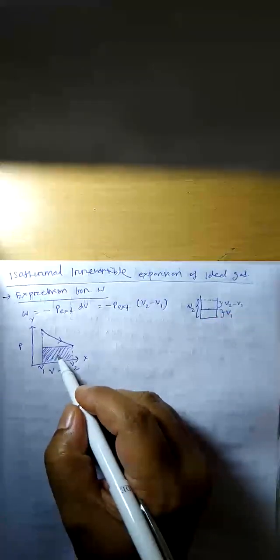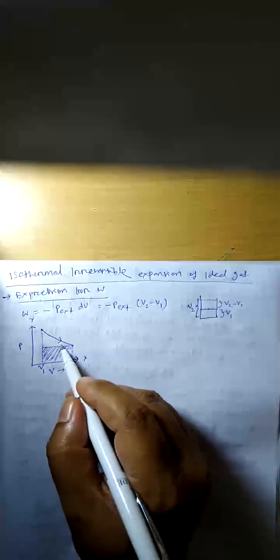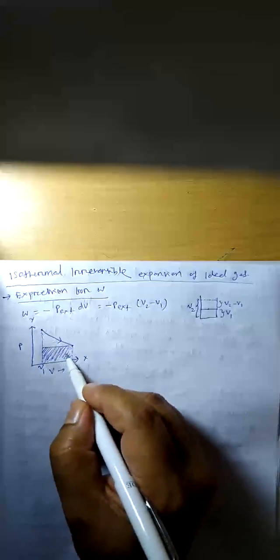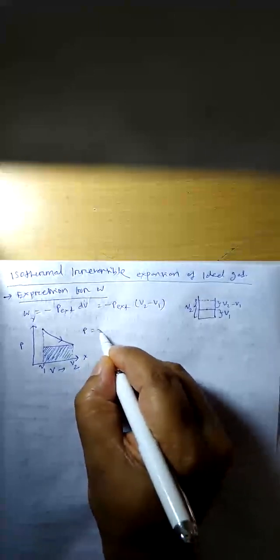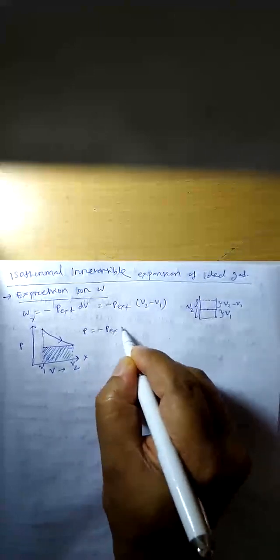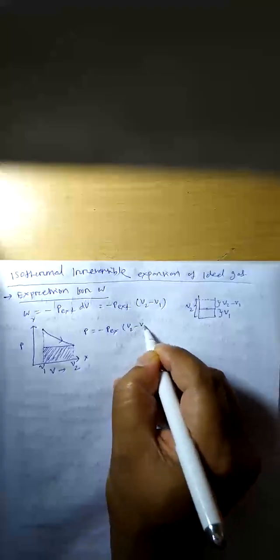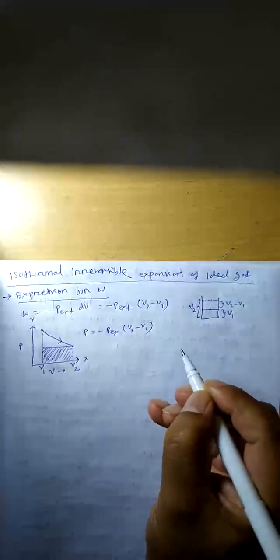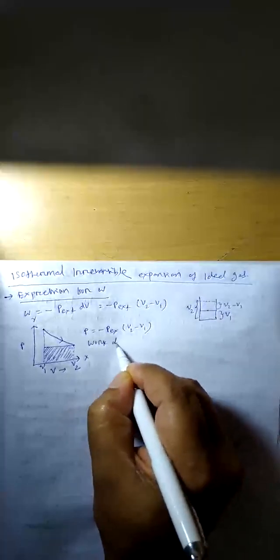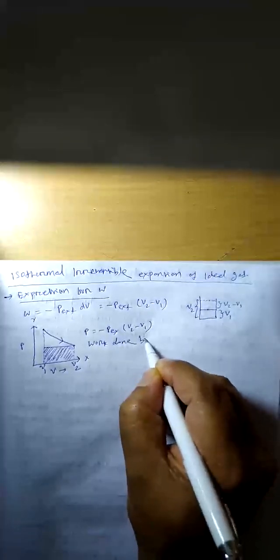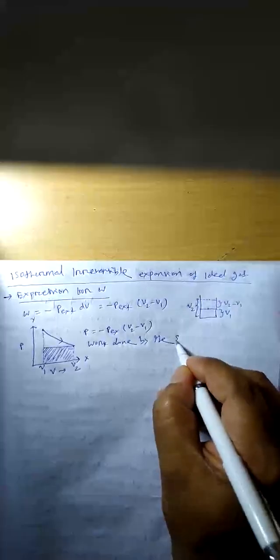So this much amount of energy is wasted. So this is the irreversible process in case of expansion. In this case, the work done is equal to minus P external (V2 minus V1). This is the work done by the system.